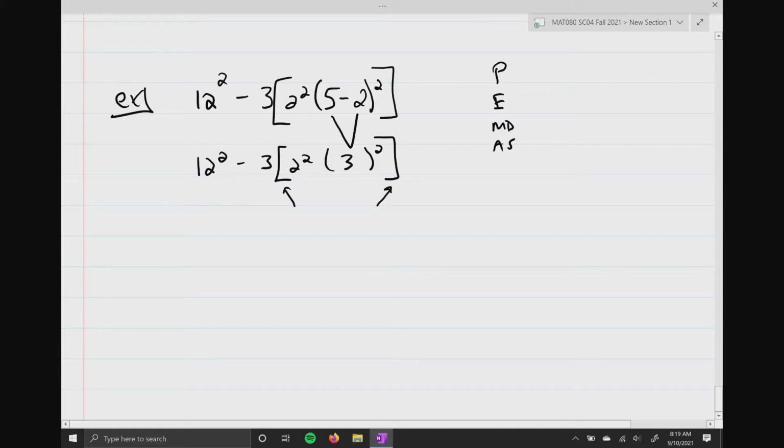And I notice I have 2 to the second power times 3 to the second power. Now, we know exponents take precedence over multiplication. So what I'm going to do is draw 2 little arrows and drop down my exponents. 2 to the second is 4. 3 to the second is 9.